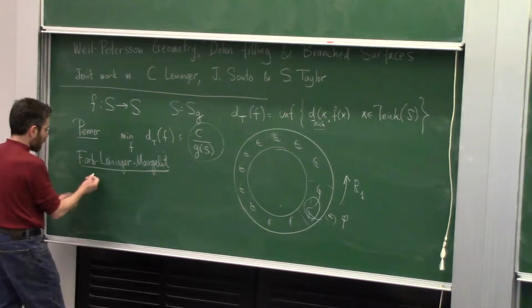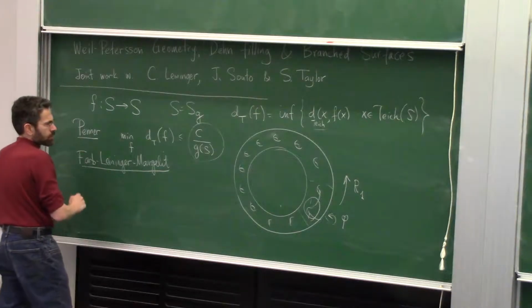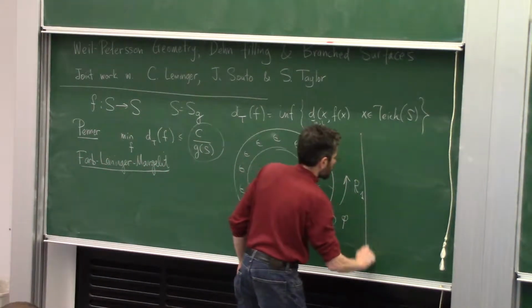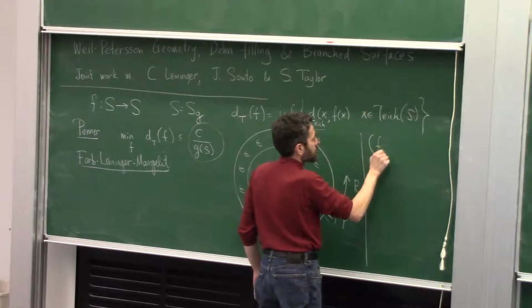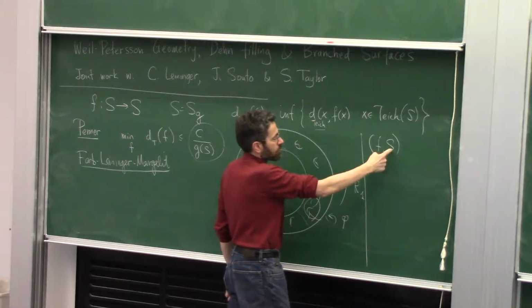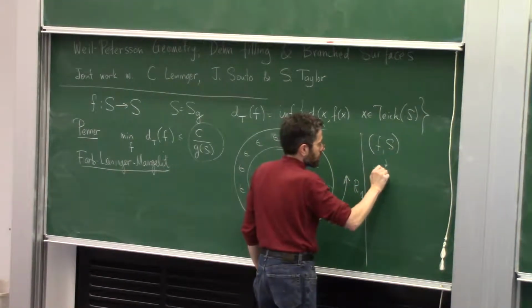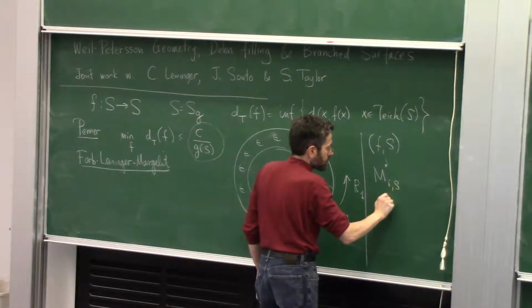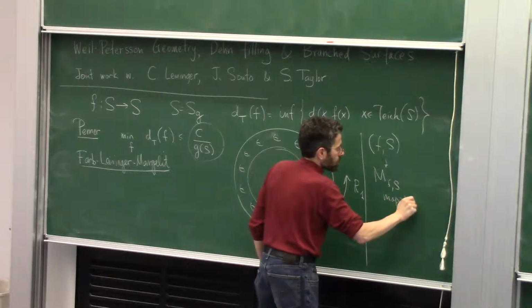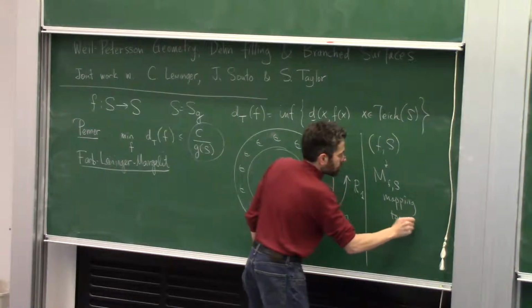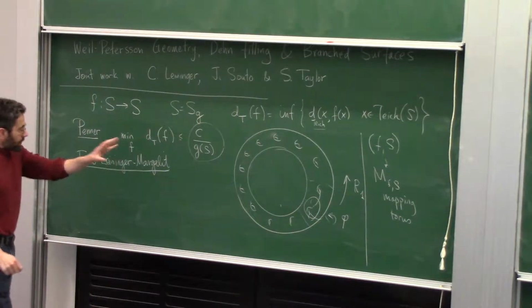If I have a pair (f, S), pseudo-Anosov on a surface S, I can produce M_f, the mapping torus. So it's a 3-manifold. We're going to look at that 3-manifold a lot today.